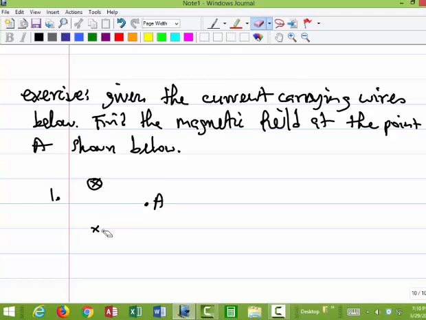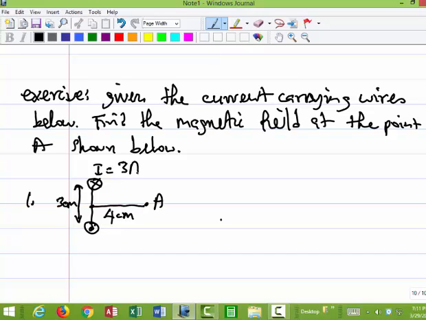This is a current I equal to 3 amperes, and this is current I equal to 6 amperes. So these are straight wires, one going into the board and one coming out of the board.